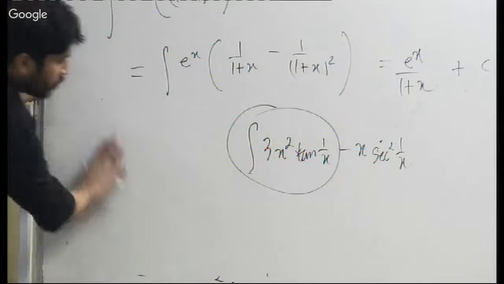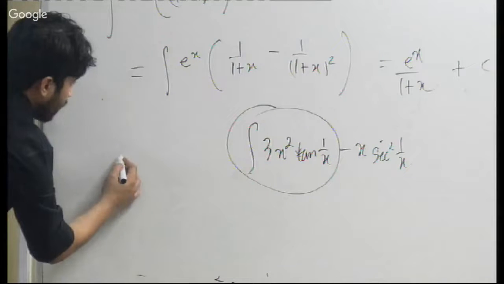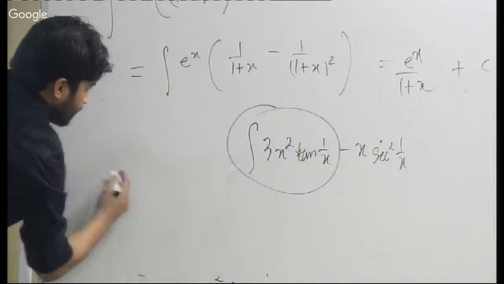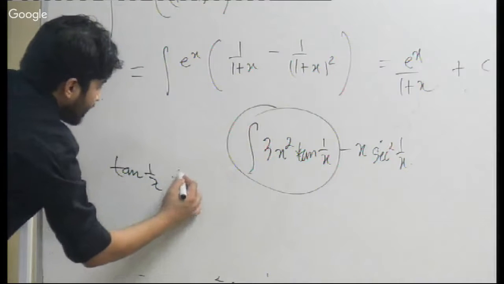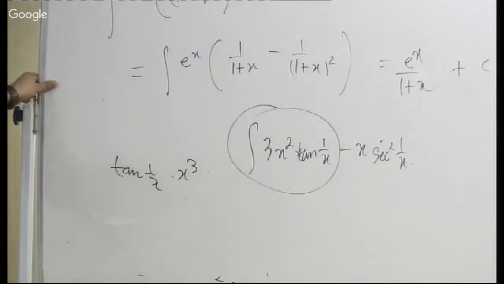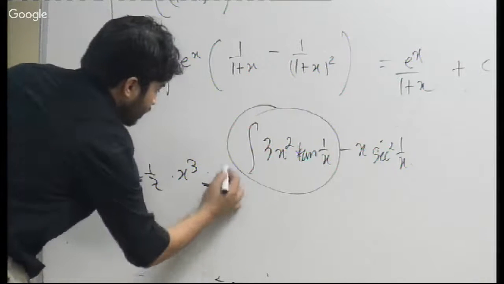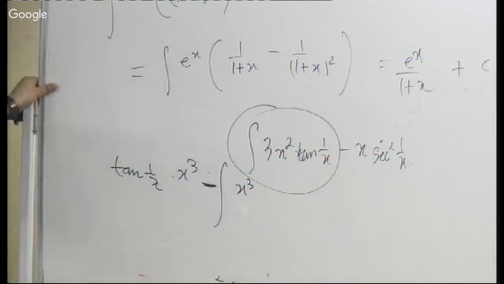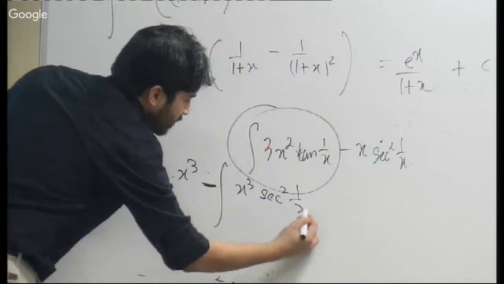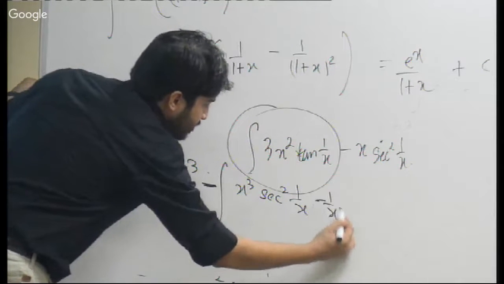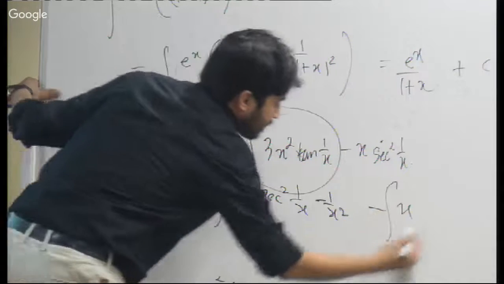It will turn out to be: I'll take this as tan(1/x) and this will be x cube, right? Minus x cube. What is this? Into minus 1 by x square minus x.